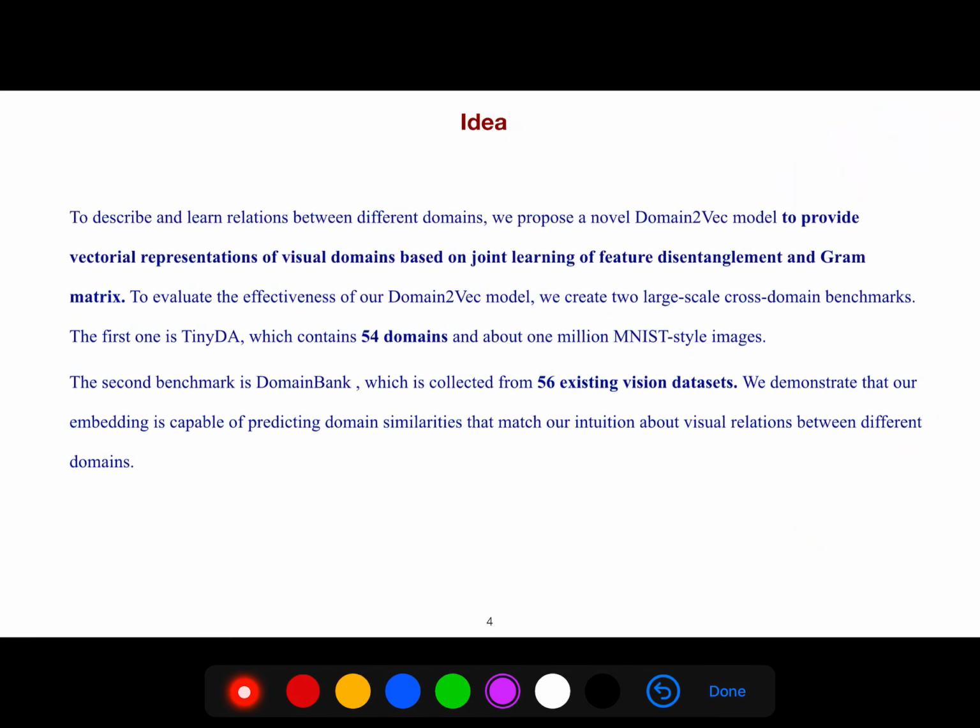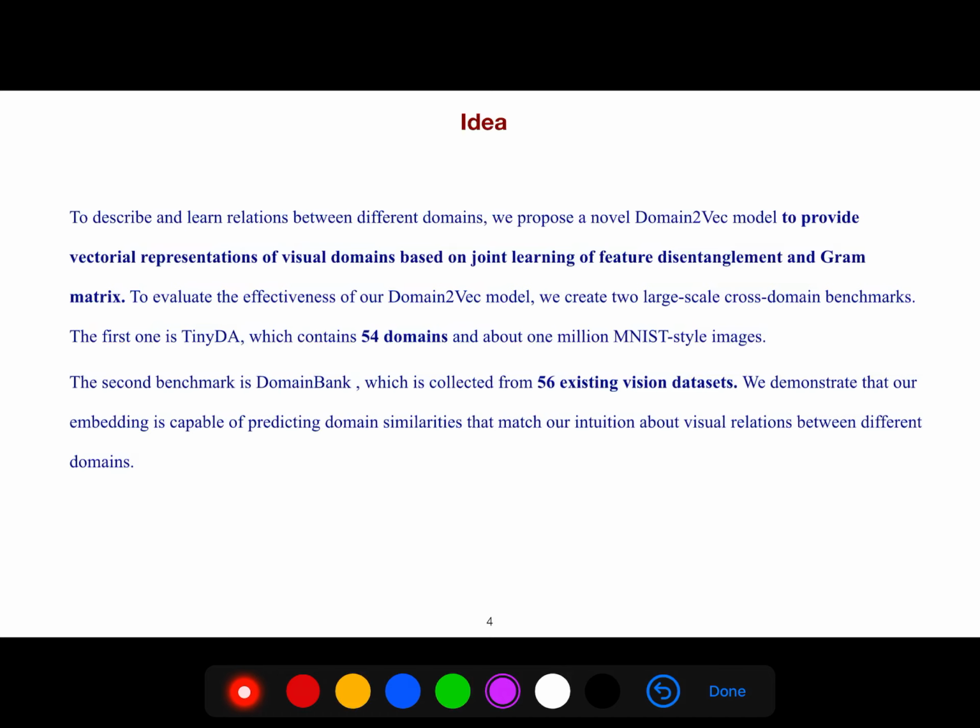To describe and learn the relation between different domains, we propose a novel Domain2Vec to provide vectorial representations of visual domains based on joint learning of feature disentanglement and gram matrix. To evaluate the effectiveness of our Domain2Vec model, we create two large-scale cross-domain benchmarks.